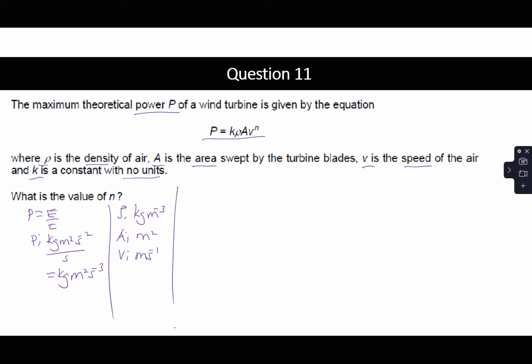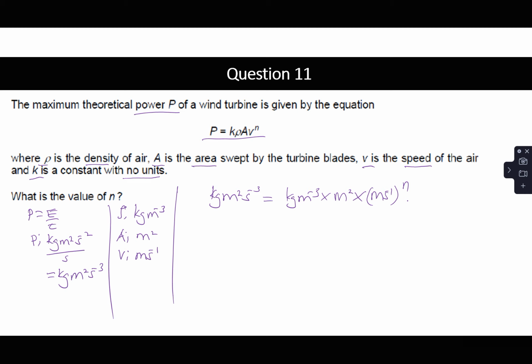Now we equate the base units on both sides of the equation. On the left, I have kilogram meters squared per second cubed. On the right, k has no units, so I will not include it here. So I have kilogram per meter cubed times meters squared times meters per second, but this is raised to power n.